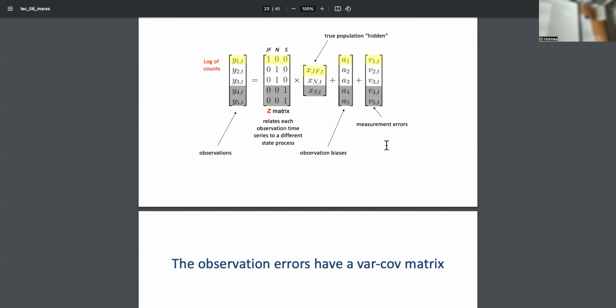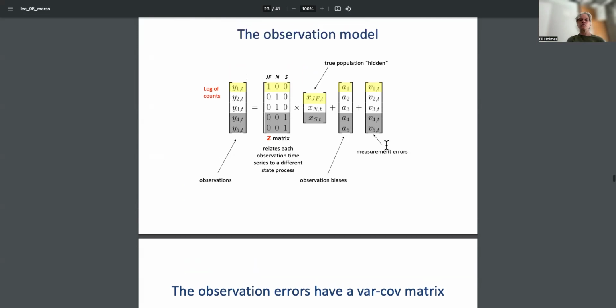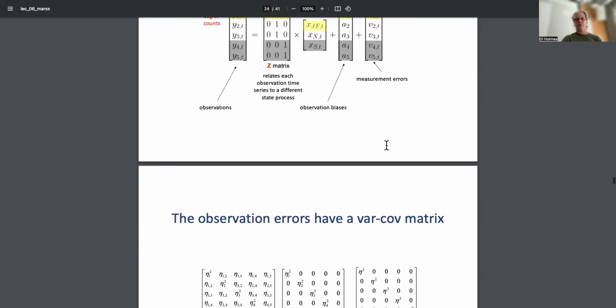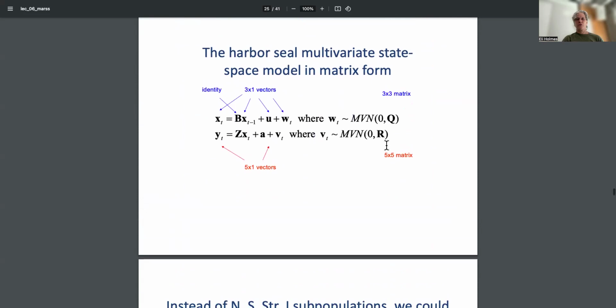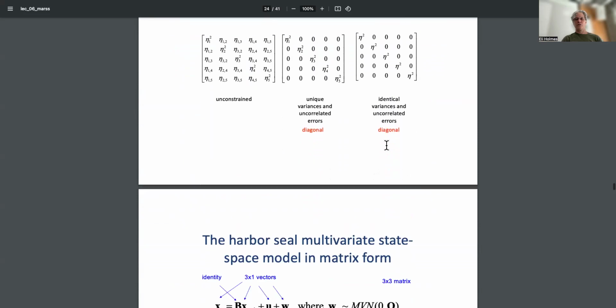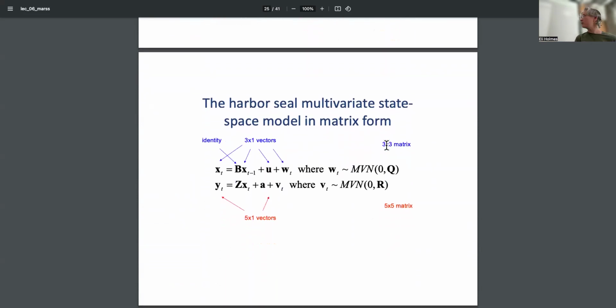But there could also be other reasons why you might think that. Maybe one of your sampling regions is kind of a mix of these, and so you think it's a combination of them. You could do something like that. All right, so this is our final model.